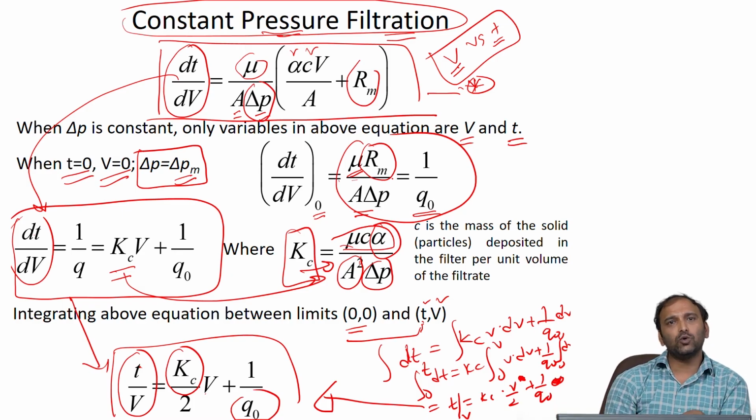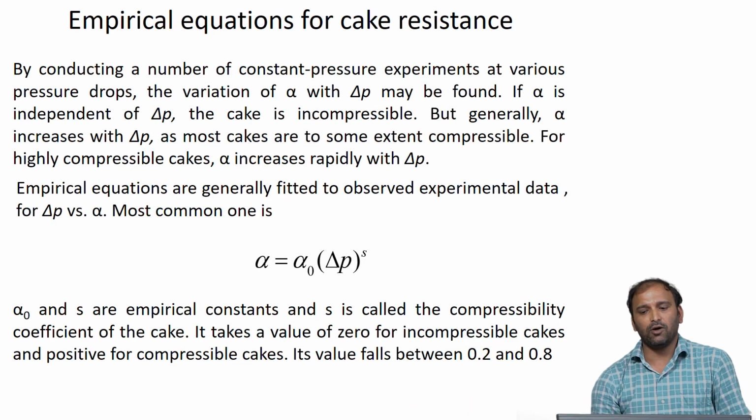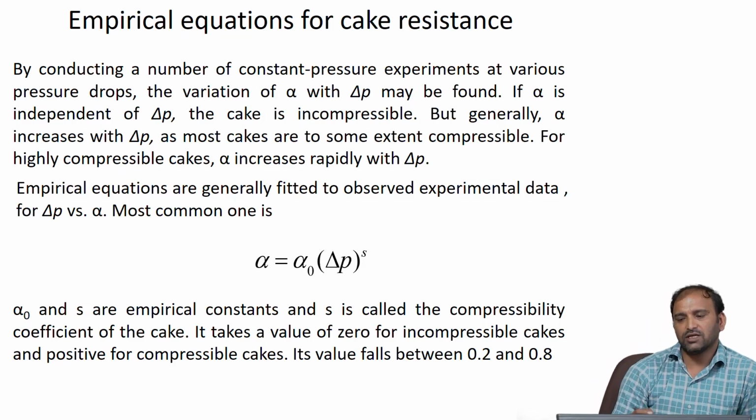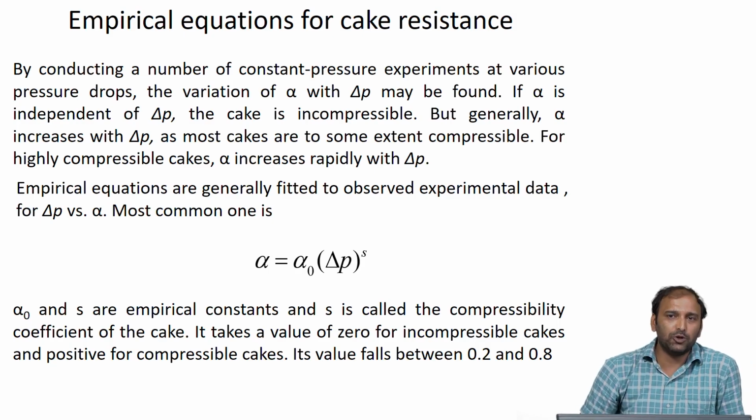Therefore I have a framework to calculate the filter medium resistance and the specific cake resistance, and you can also exploit constant pressure filtration to say something about the type of the cake that is formed during the course of filtration.